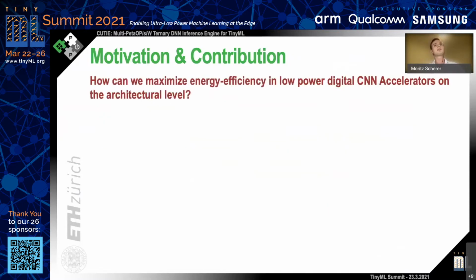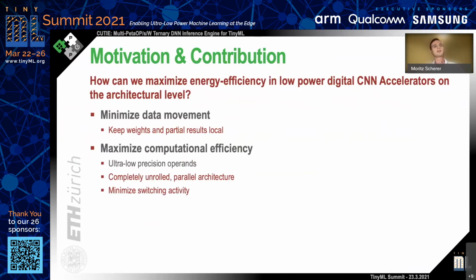This brings me to the motivation. We asked ourselves how we can maximize energy efficiency in low power digital CNN accelerators at the architectural level. The first point is to really minimize data movement, so we aim to keep weights and partial results local to our compute units.